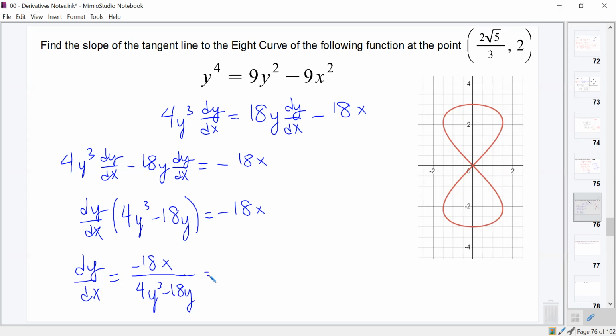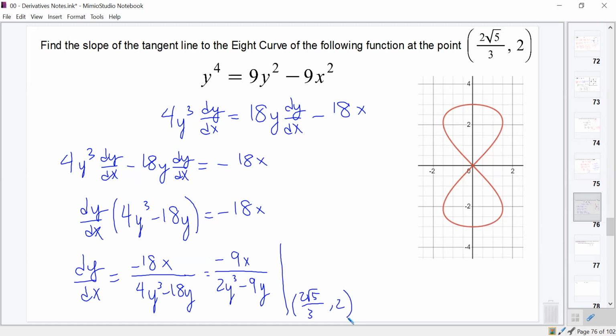Or if we wish to divide everything by 2, that'd be negative 9x over 2y cubed minus 9y. And we want to evaluate this at the point 2 root 5 over 3, comma 2.